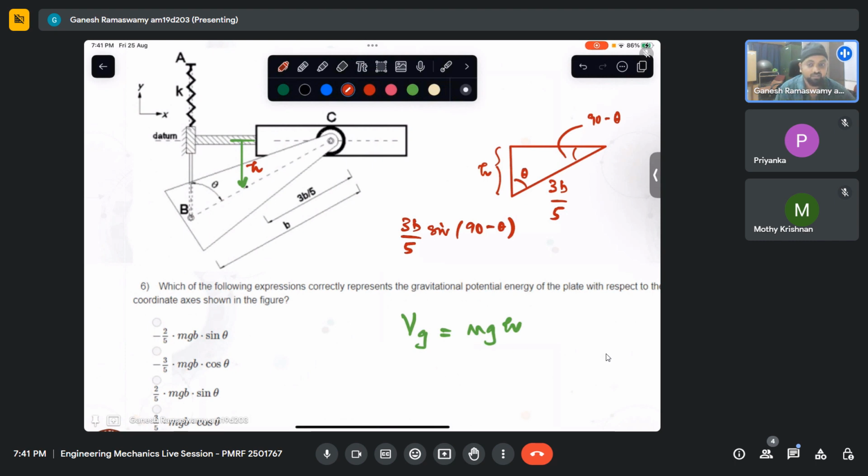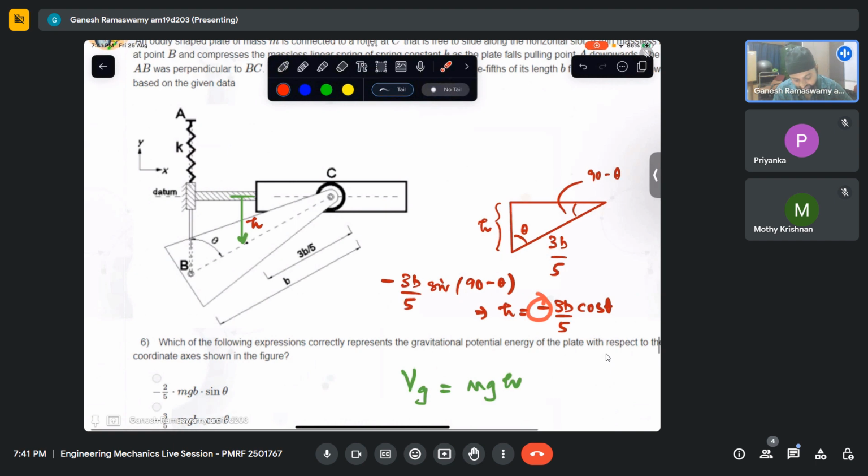So therefore, h is minus 3b by 5 cos theta. Why minus? Because my positive coordinate direction is like that, my datum is like that. Datum meaning y equal to 0 line is here. So I have to go down to map it. That is why it is negative.